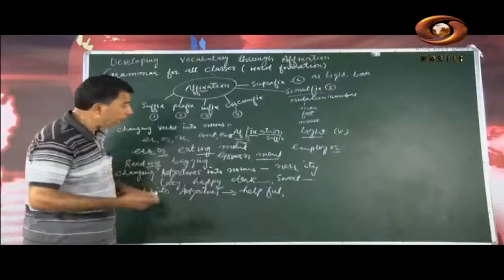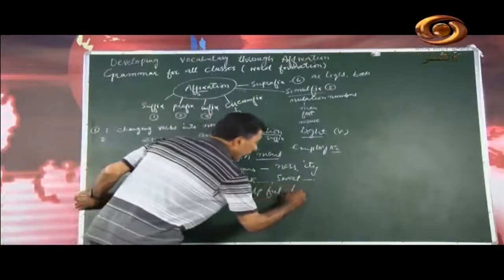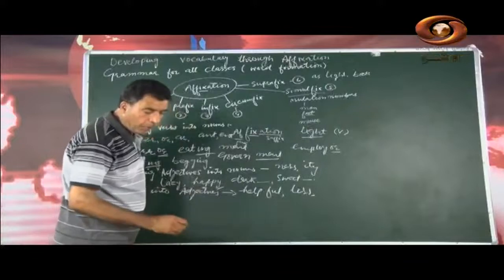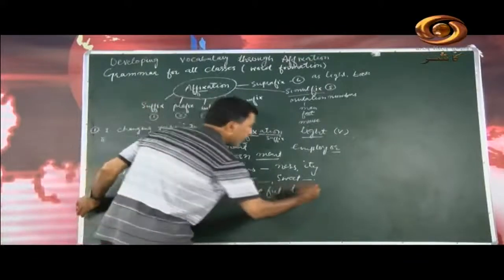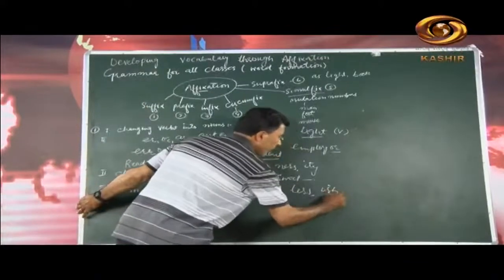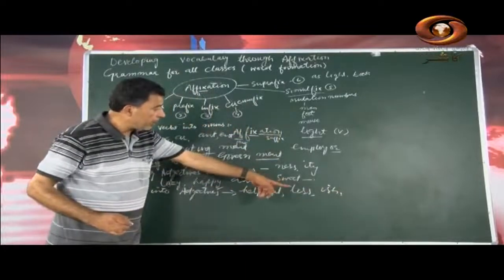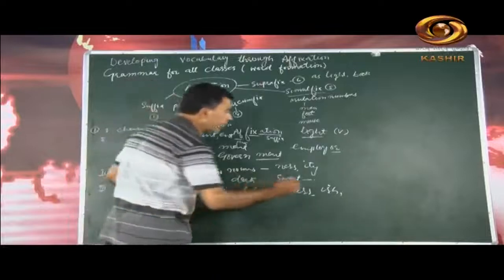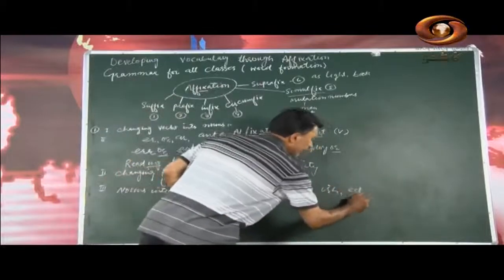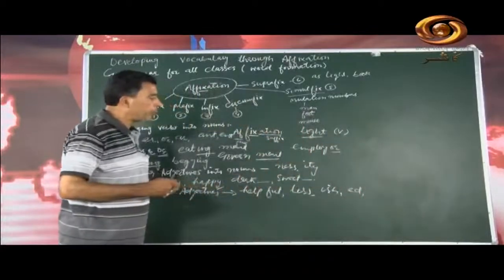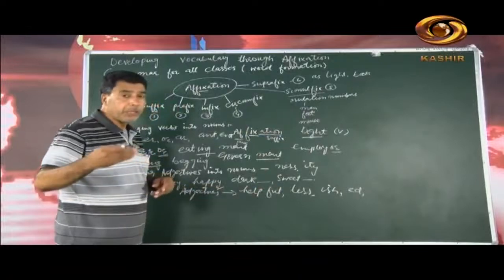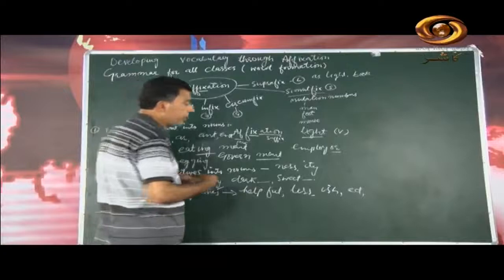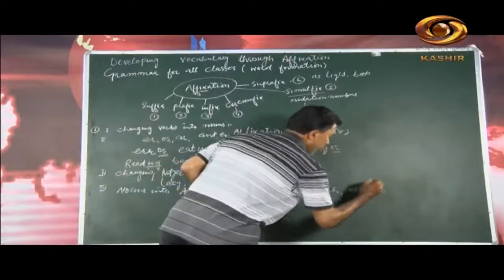We use FUL, LESS, ISH, and we can use ED even sometimes, because when we use ED we generally form the words as verbs, and we can use EN or AN sometimes.